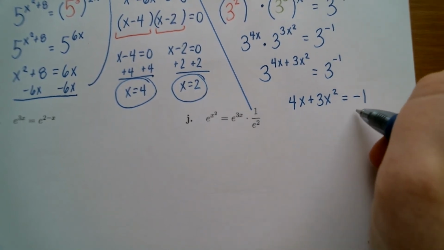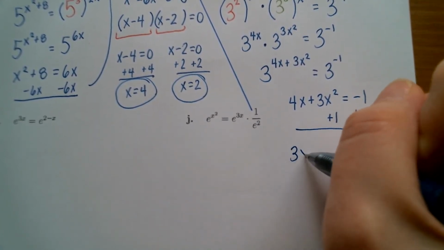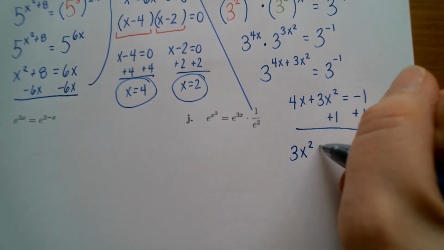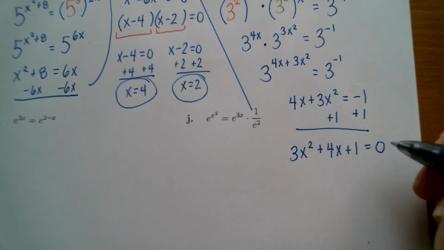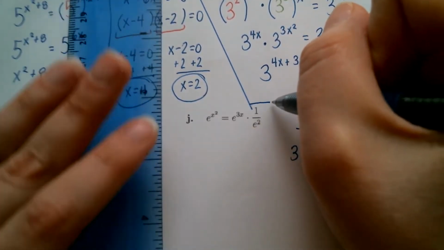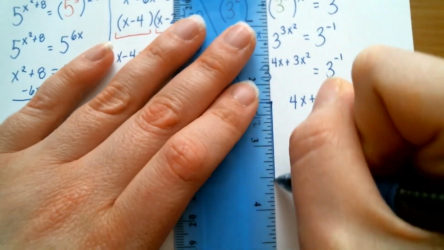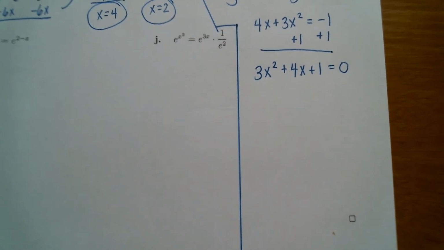One side has to be 0, so I'm going to add the 1 over and put it in standard form. So I'm going to have 3x squared plus 4x plus 1 equal to 0. Let's see, we need some more room here, so I'm going to carve out some more room. Since I did the last one with factoring, I'll do this one with the quadratic formula.